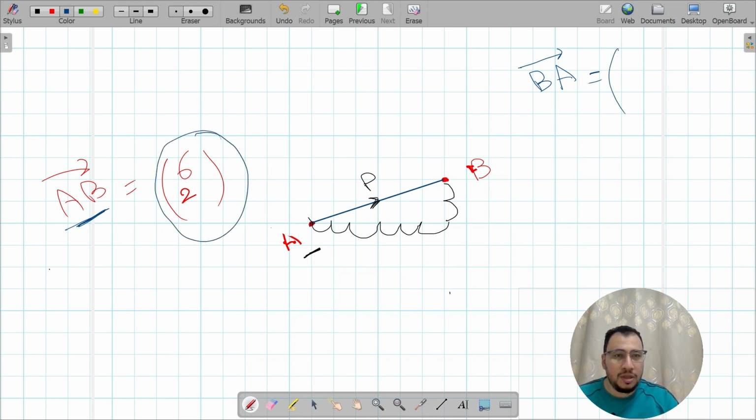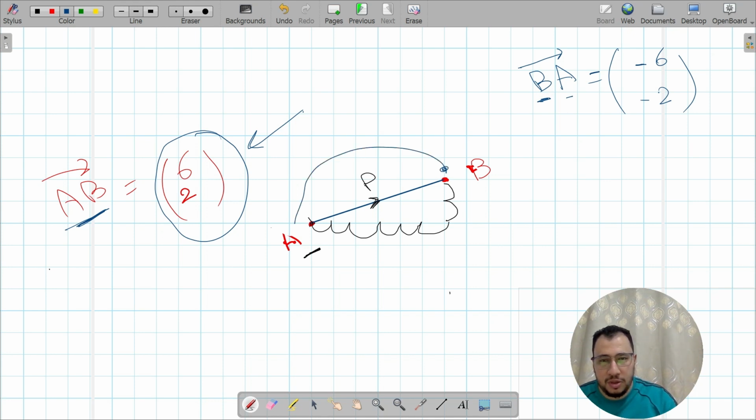For example, here we have (6, 2), so it's going to be (-6, -2). And it makes sense, because if you want to go from B to A, you will have to go 6 steps to the left, then 2 steps down. Everything is switched.